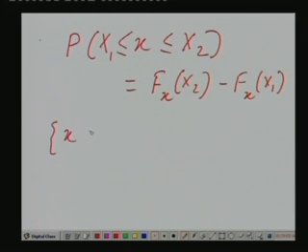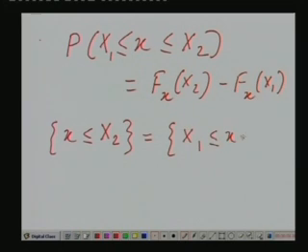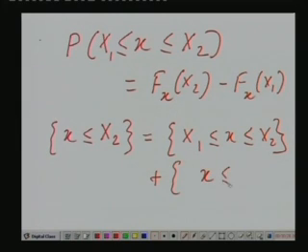This can be written as the union of two disjoint sets.